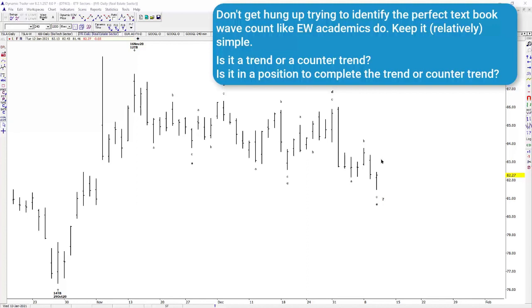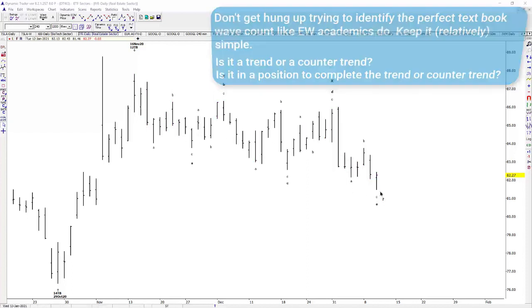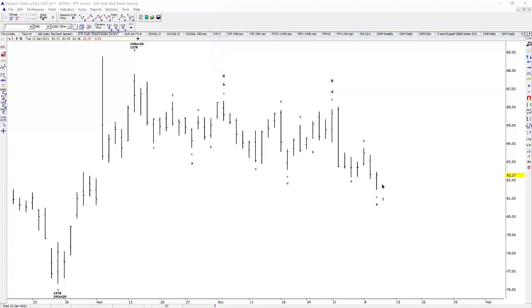All that I know is any time it completes an ABC decline, it could complete this higher time frame series of ABCs. So as of the last bar of this chart, we can say that IYR is in a position to complete this ABC decline, which could complete the entire correction going back 4 or 5 weeks.